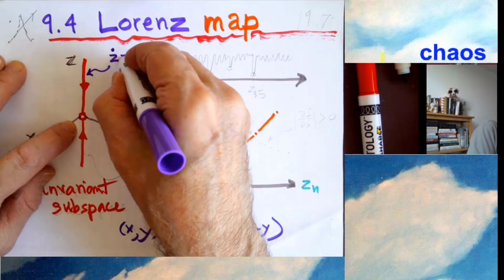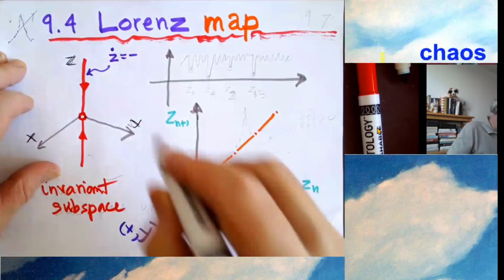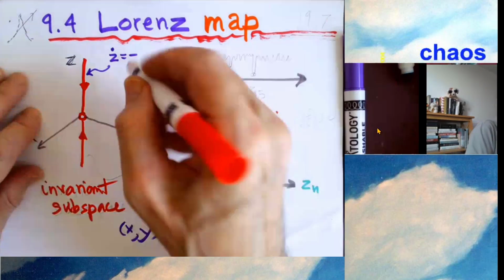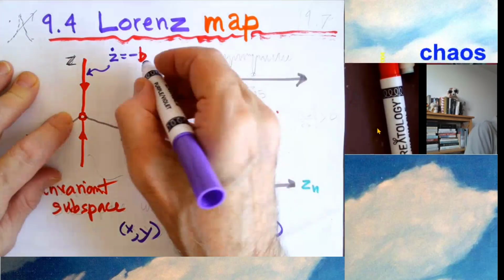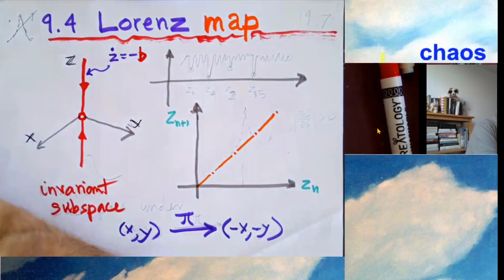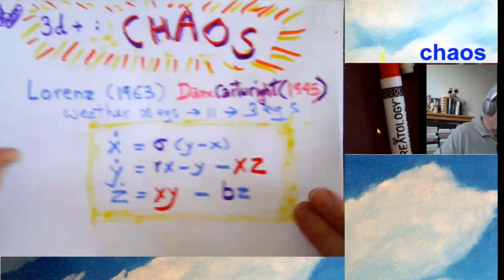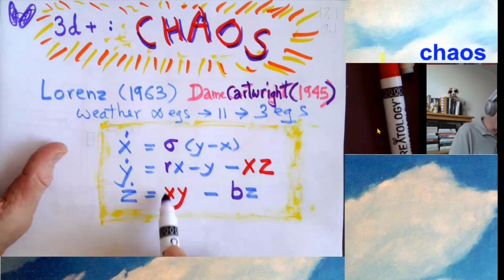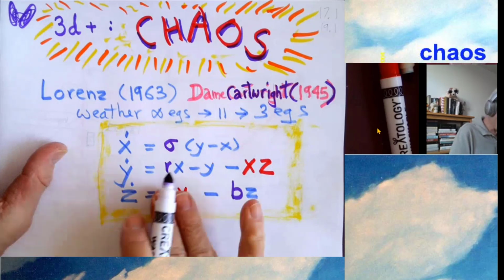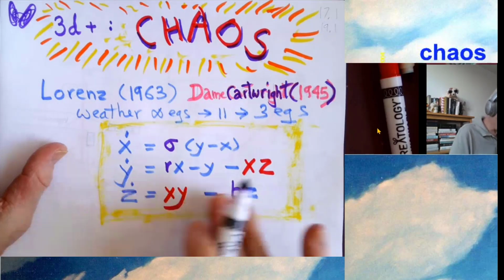Z dot becomes minus b, one of the parameters that is in the original equation. So if x and y are 0, this goes away. So I have one-dimensional motion.